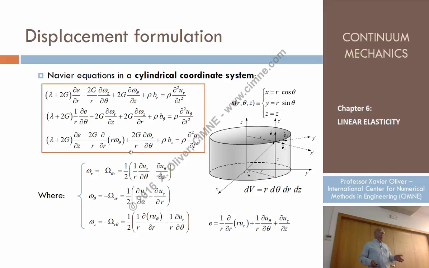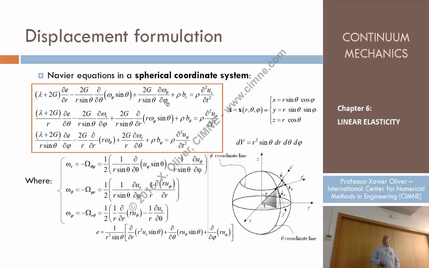Okay, and we'll see that in certain problems in spherical coordinates, in cylindrical coordinates, we can make a lot of reasonable assumptions from scratch in order to simplify the equations, okay? You will see that. And the other situation in which we will work is in spherical coordinates.